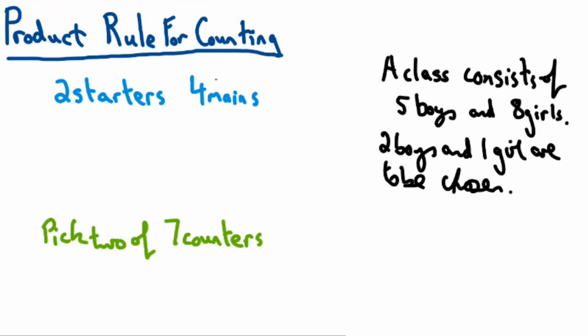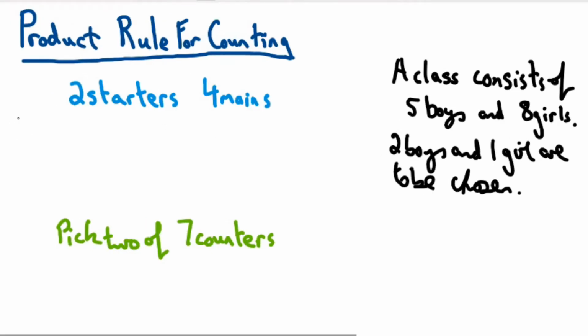So let's say on a menu there are 2 starters and 4 mains, and the question wants to know how many different combinations of starters and mains could a person order? Well, on the one hand, you could just write out all the options. So starter 1 is paired with main 1, starter 1 paired with main 2, starter 1 paired with main 3, starter 1 with main 4.